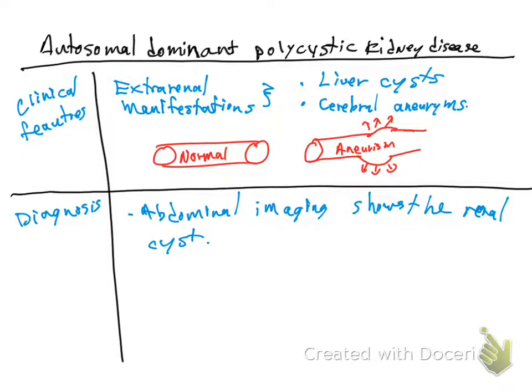So what do you think? If the kidney is not excreting enough and is not working well, bacteria can go in, and then the patient can get a urinary tract infection.